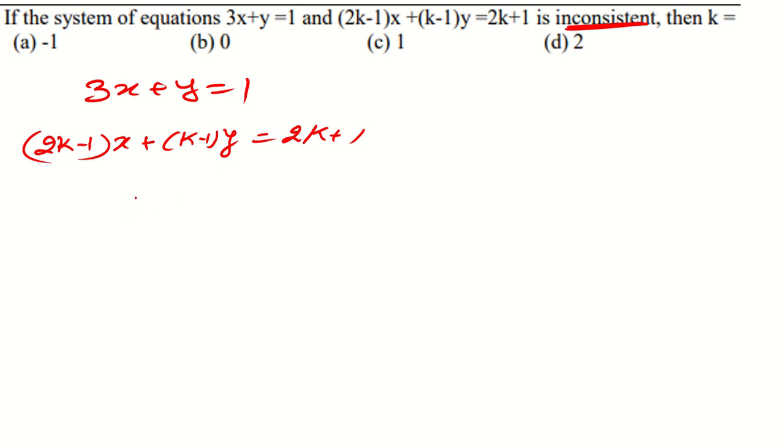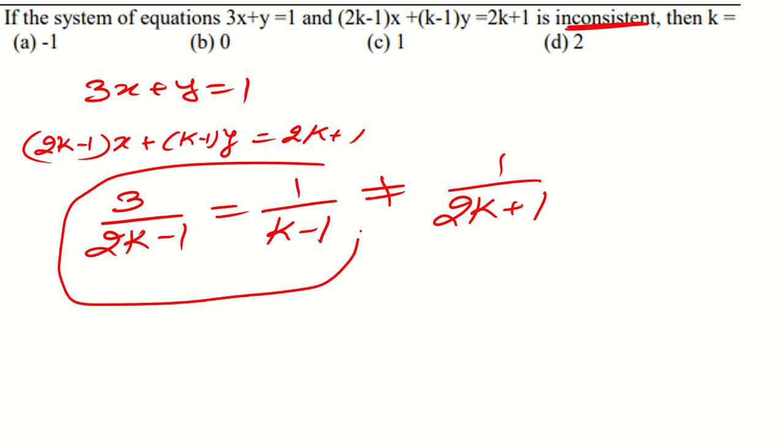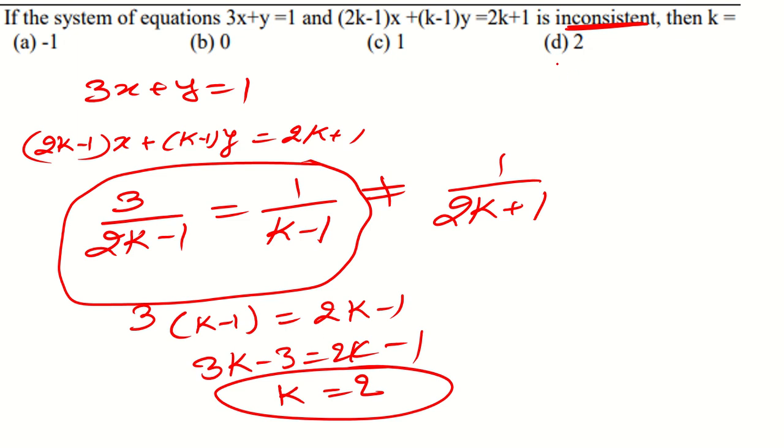The condition was 3 over 2k minus 1, that is a1 upon a2, is equal to b1 upon b2, is not equal to c1 upon c2. So just consider the first two terms and cross multiply them. So 3 times (k minus 1) equal to 2k minus 1. So 3k minus 3 equal to 2k minus 1. So 3k minus 2k will be k, equal to minus 1 plus 3, which is 2. So this is the answer.